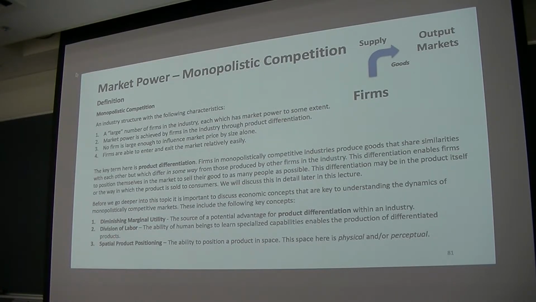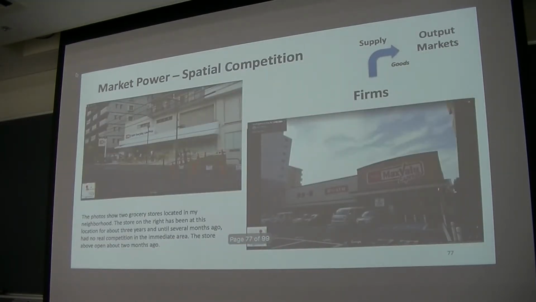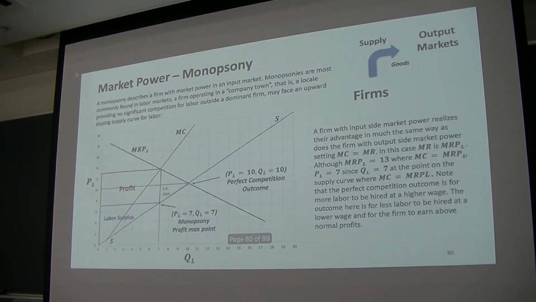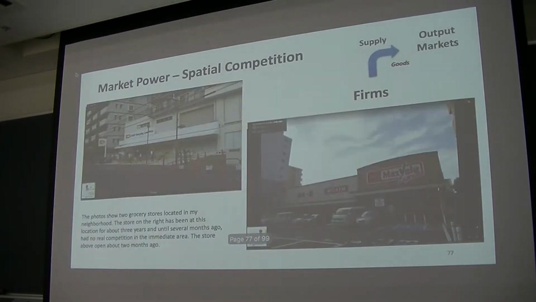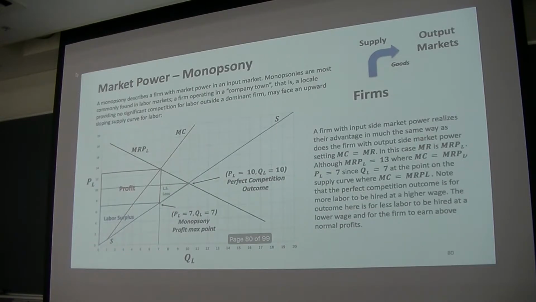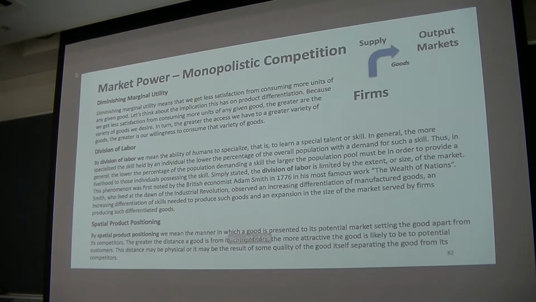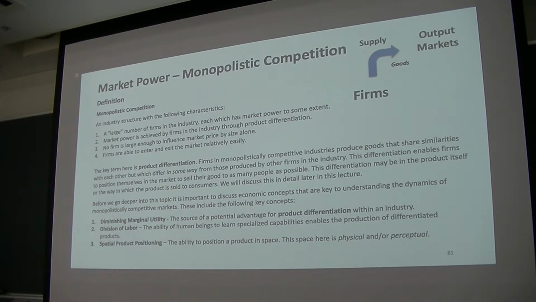And in fact, this is a great example. This is spatial competition, but there's also some monopolistic competition going on in this example, where the stores are trying to differentiate themselves. They're trying to find where they have different prices and different approaches.